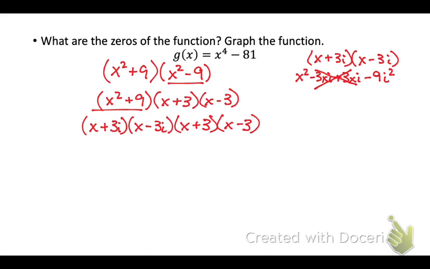What is i squared, guys? i squared equals -1. So this is -9 times -1, which would be what? 9. So it'd be x squared plus 9 again. Okay, so I did factor it.